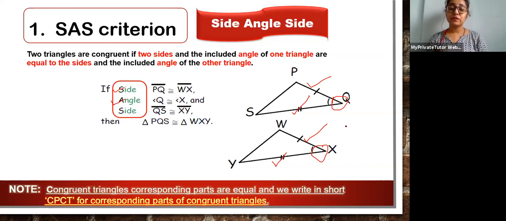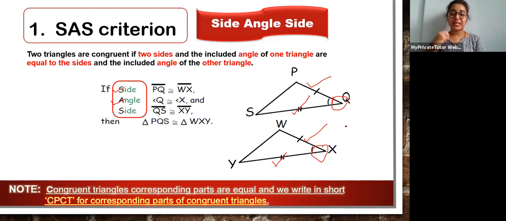Okay, so if two sides and one angle are congruent, then both of the triangles will be considered to be congruent. Now here I have a note that is very important to remember.